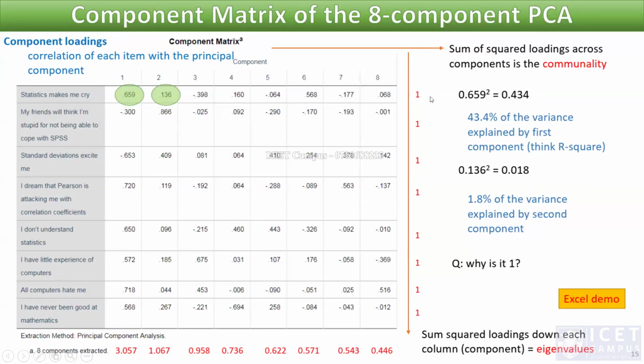If we consider one item and add across, that is the communality, and if we add downwards, that is the eigenvalue. This is the component matrix, the component loadings.